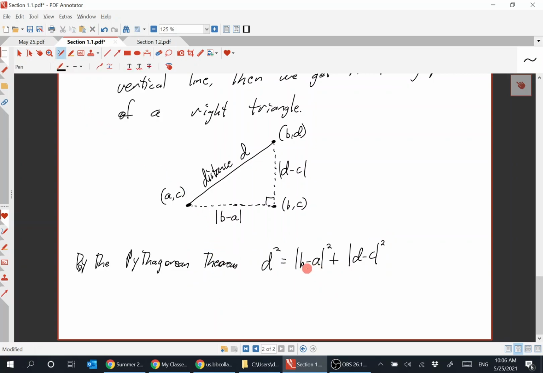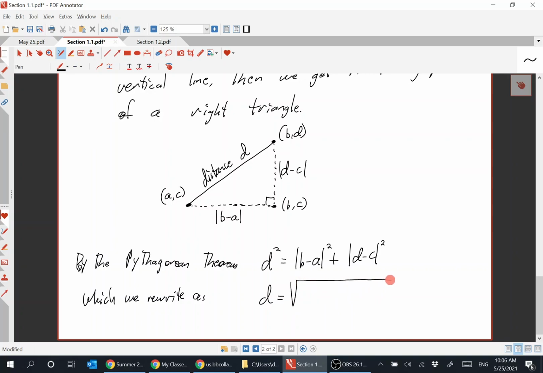So by the Pythagorean theorem, we get this, but since we want an expression for D rather than D squared, which we rewrite like this: D is equal to the square root of.